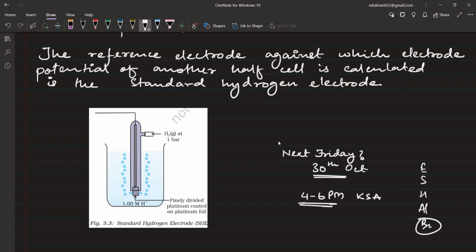तो बायोमोलिक्यूल्स आपका बचा रह जाएगा, इलेक्ट्रोकेमिस्ट्री का कुछ पार्ट बचा रह जाएगा। केमिस्ट्री का कब है? I think it's on 13th. 14th? 13th. 13th?